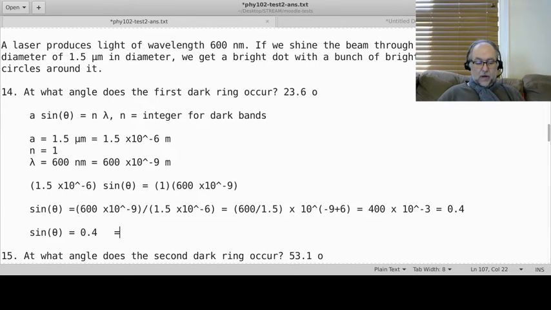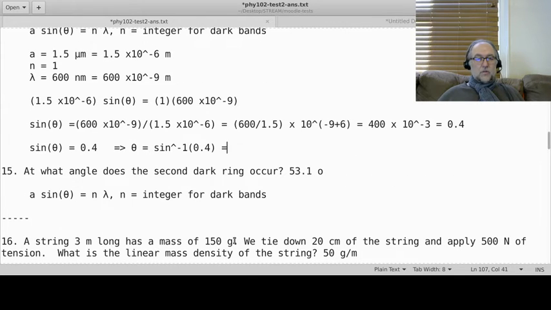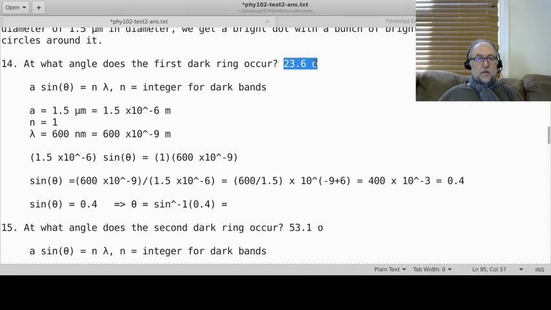Okay, I can write it out, but like I said, I can't really show you how that's done on your calculator because every calculator is slightly different. But it looks something like this. It's inverse sine of 0.4, and the answer turns out to be equal to 23.6.